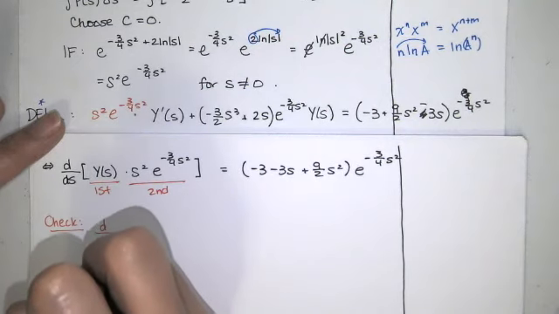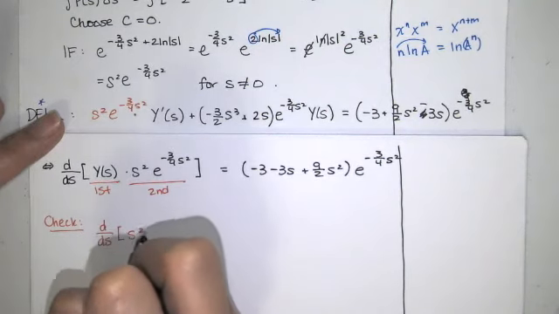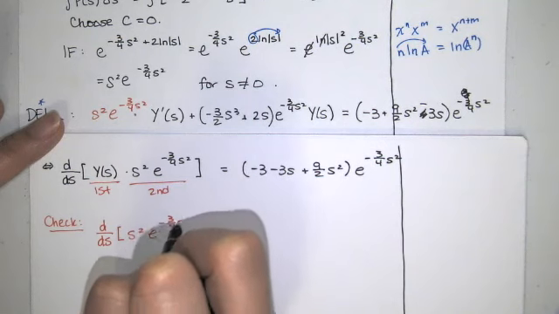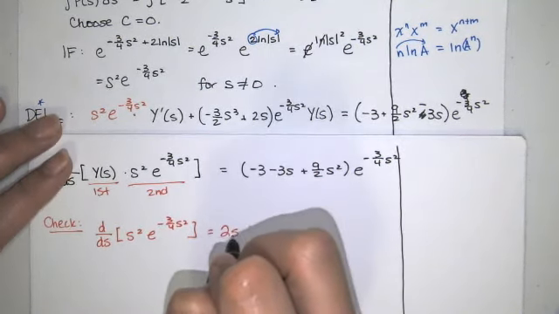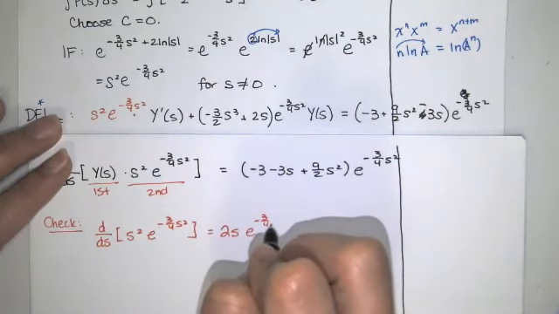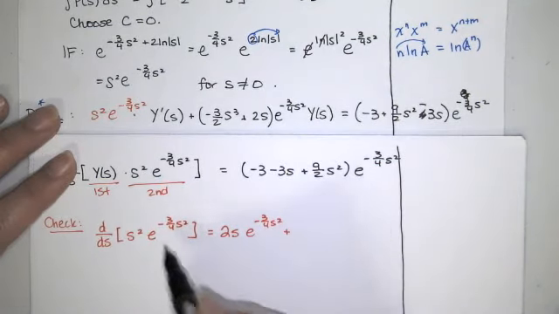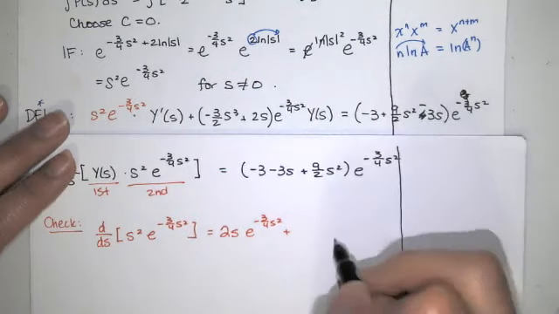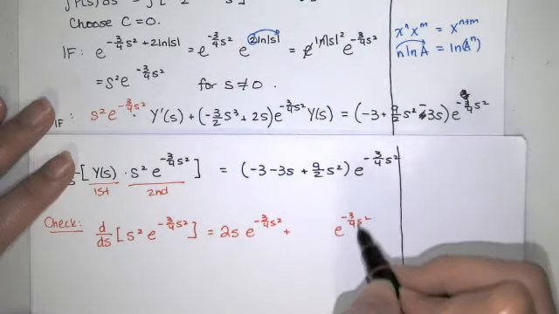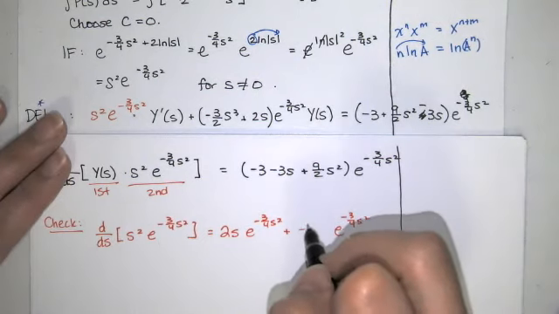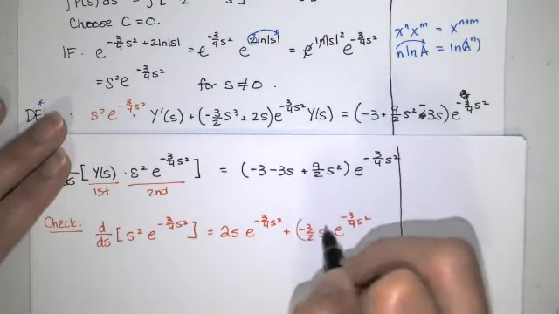So I have the derivative with respect to s of s squared times this exponential. According to the product rule, we should have derivative of the first times the second plus the derivative of the second. In this case, the derivative of an exponential is the exponential times the derivative of the inside. So we'll have negative 3/4 times 2s, which is negative 3 over 2 times s.